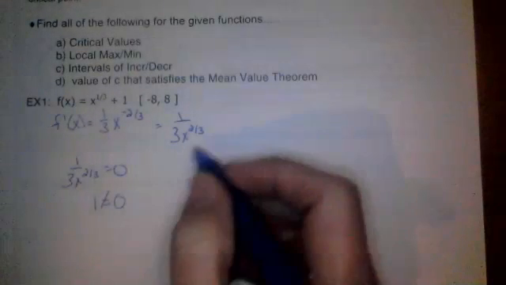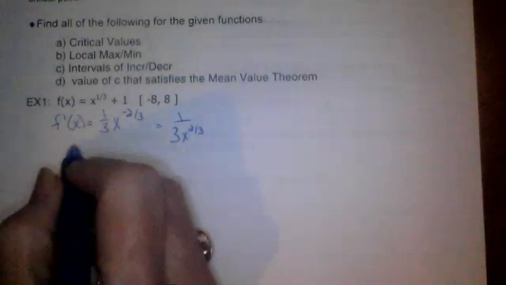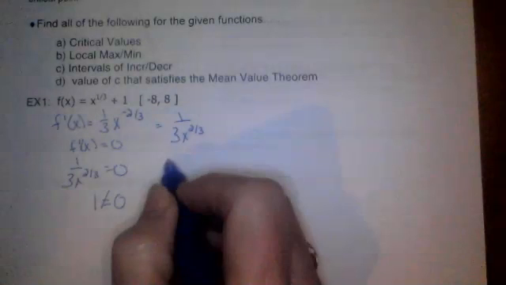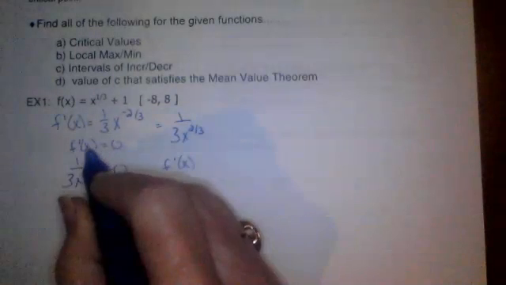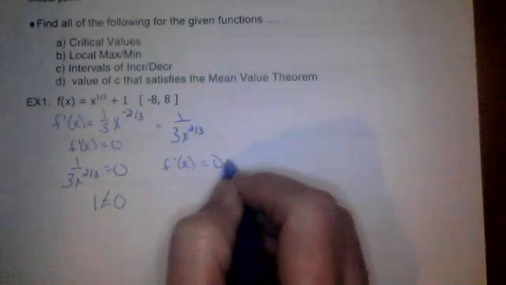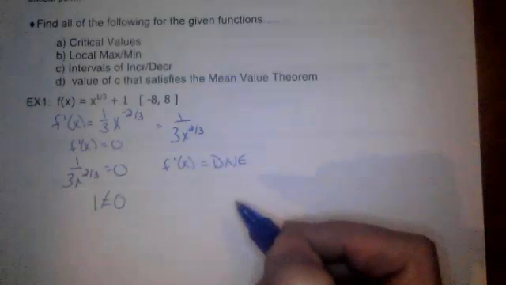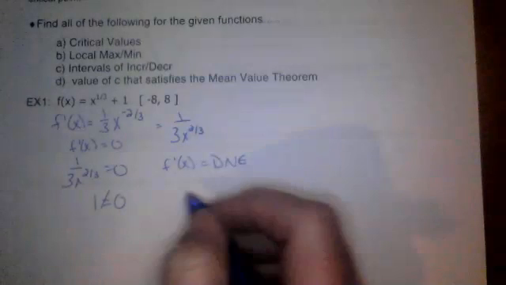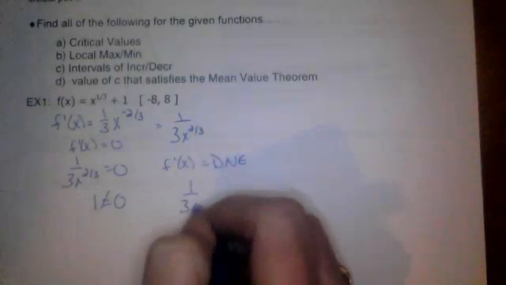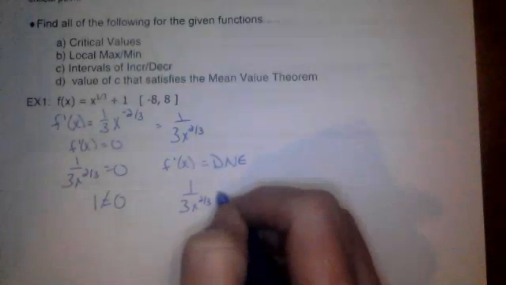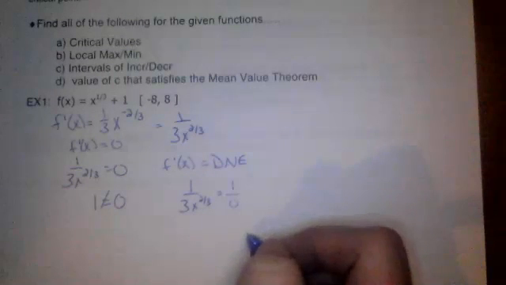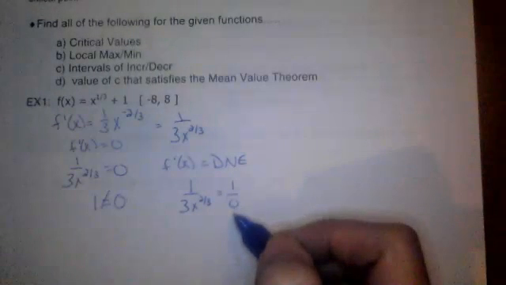Let me label that, that's setting f prime of x equal to 0. But if I want to find out where f prime of x doesn't exist, that would be my vertical tangents, and so that would be setting this equal to 1/0, where the slope is undefined.